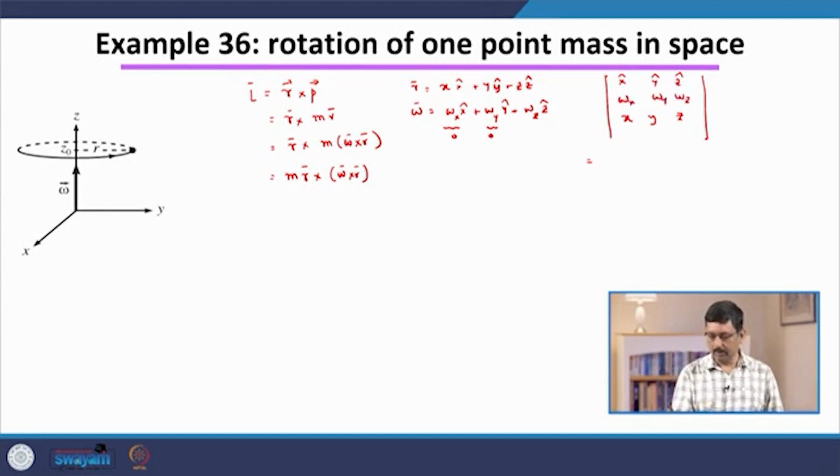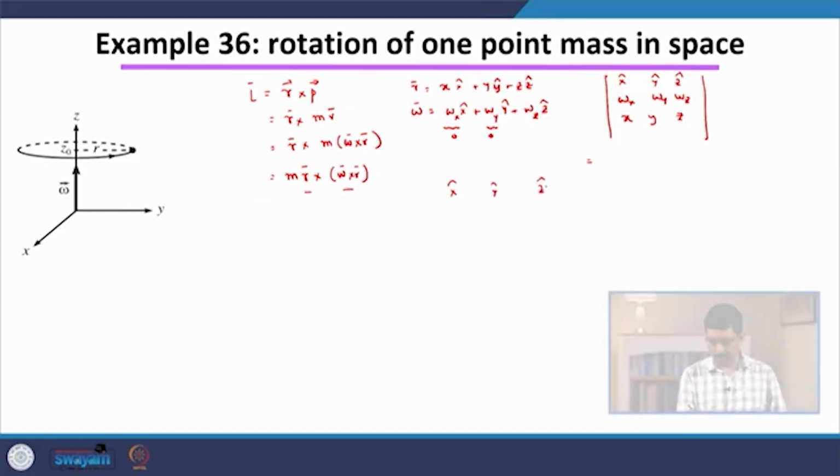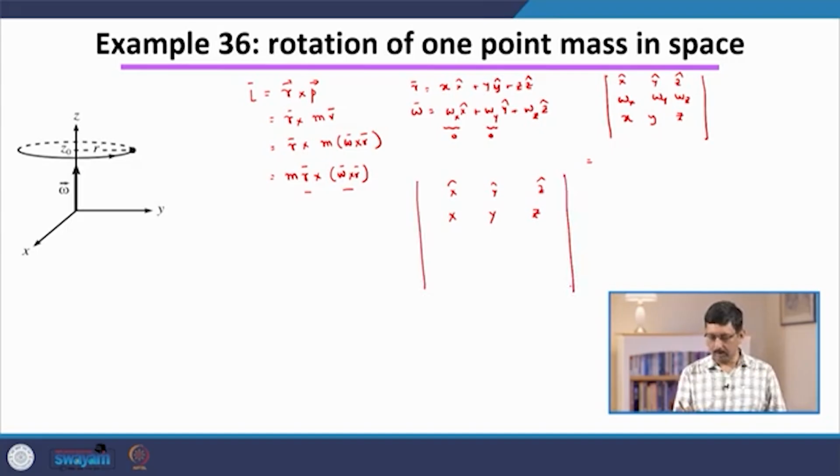So, this is the most general case. Then we have the second cross product with this term. So, let us write it down here. We just need to evaluate this particular cross product.